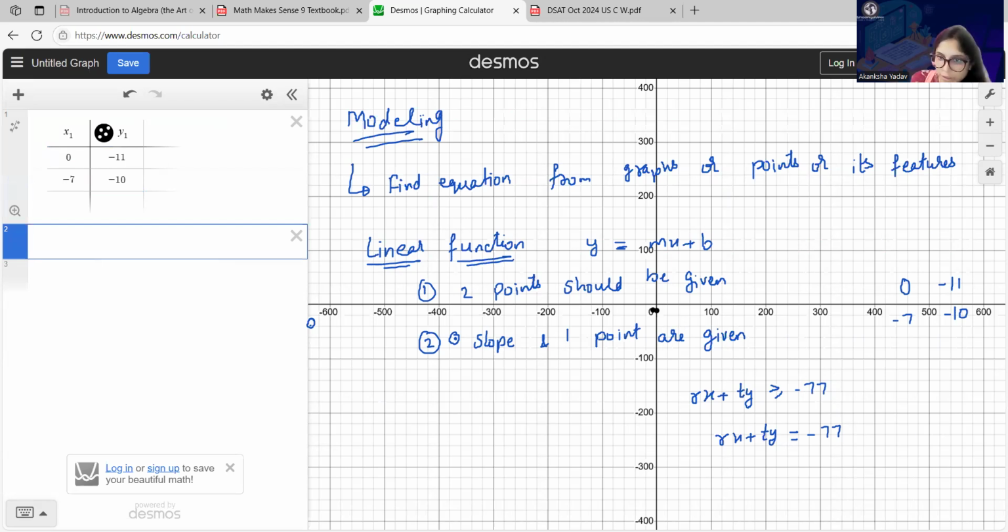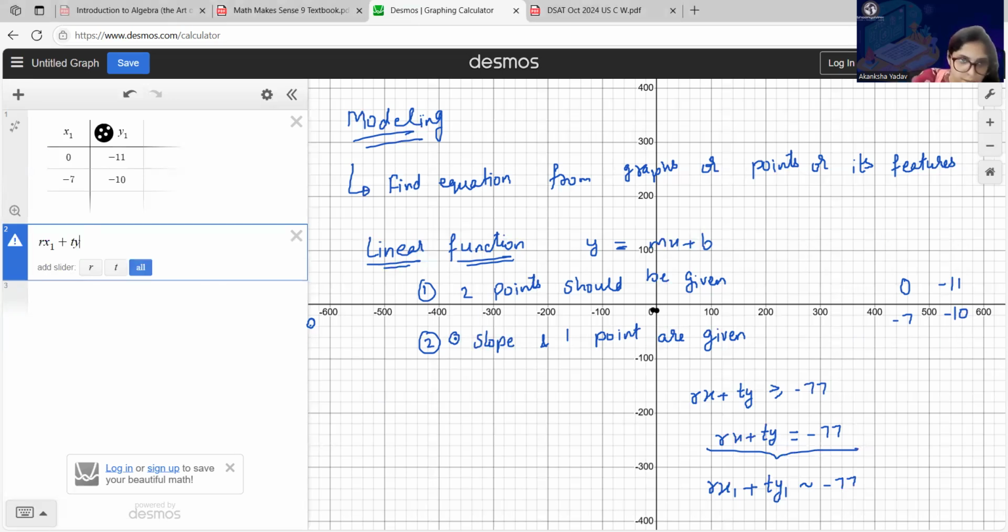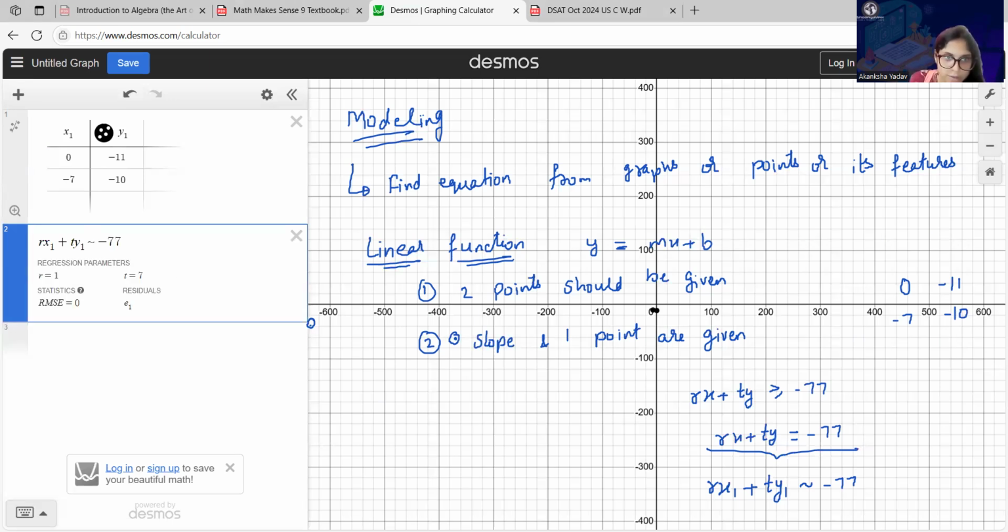How do we convert this into regression? x is replaced with x1, y is replaced with y1, and the equal sign is replaced with the equivalent sign. So now this is rx1 plus ty1, and this is approximately equal to negative 77. You can see the value of r is 1, the value of t is 7. You're getting all the parameters. Make sense?